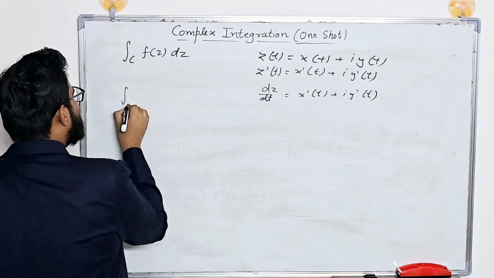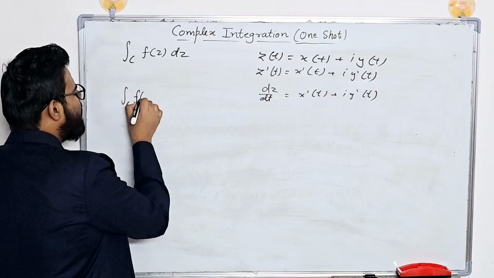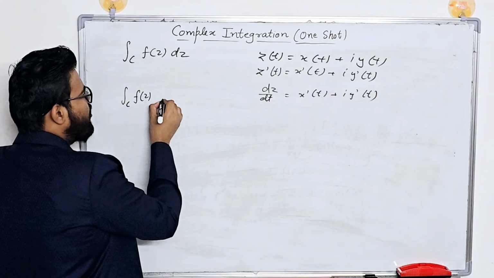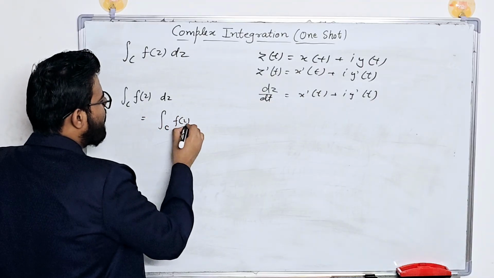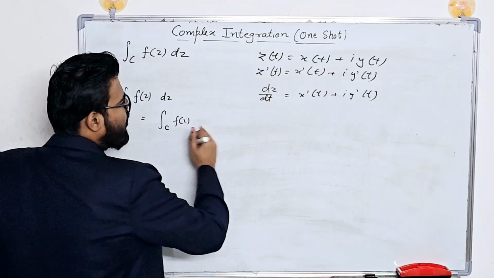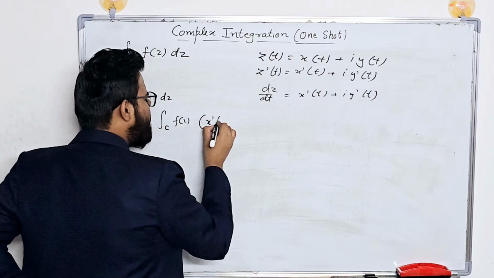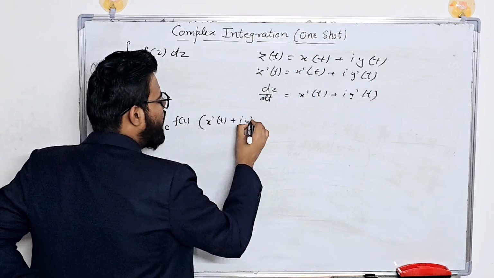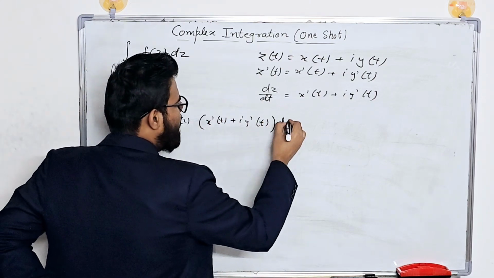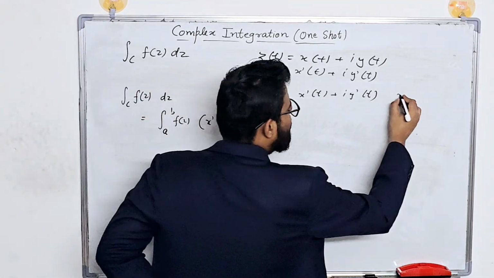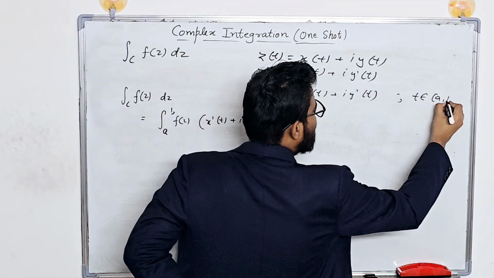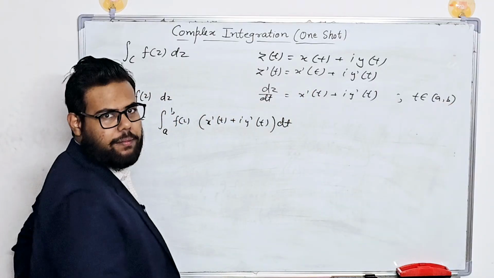So we can say this is the complex integration of f of z dz. It is equal to the complex integration of f of z times x dash of t plus i y dash of t dt, right? And it is going from a to b because t was going from a to b, right? We have defined it like this, correct?